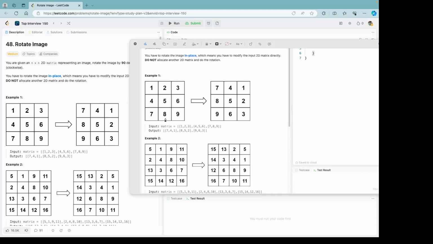Next, you would again go from down, 8 5 2, it will become 8 5 2. If you check 9 6 3, you can iterate in that way and add it to the newer version of the matrix.